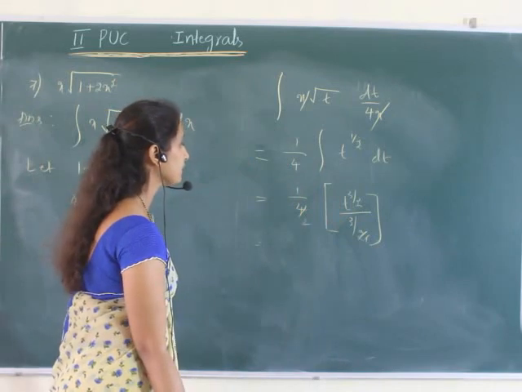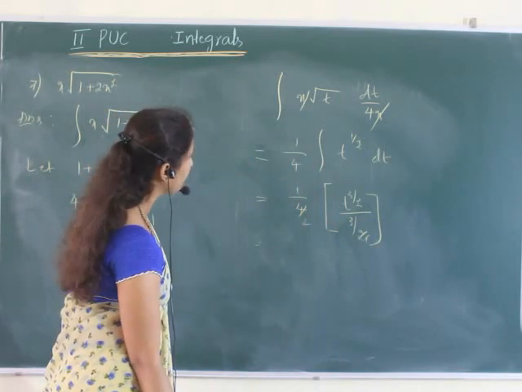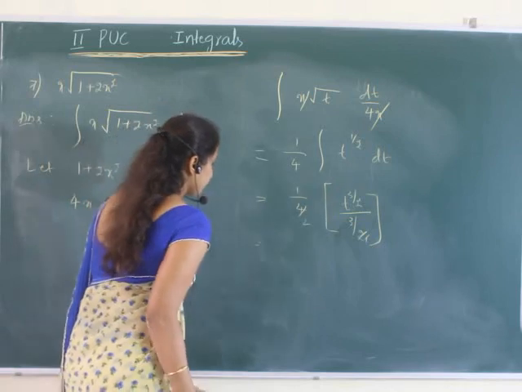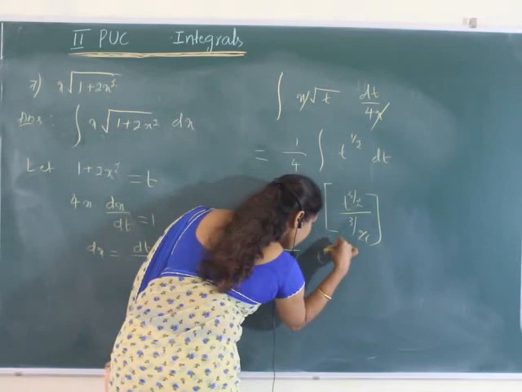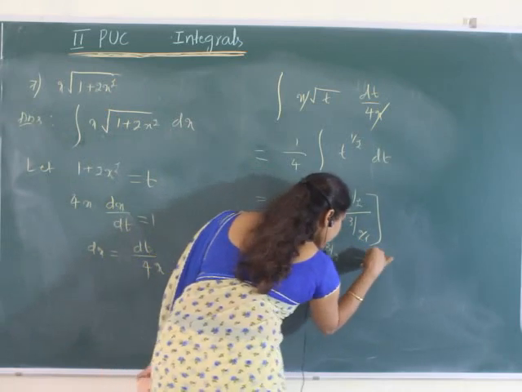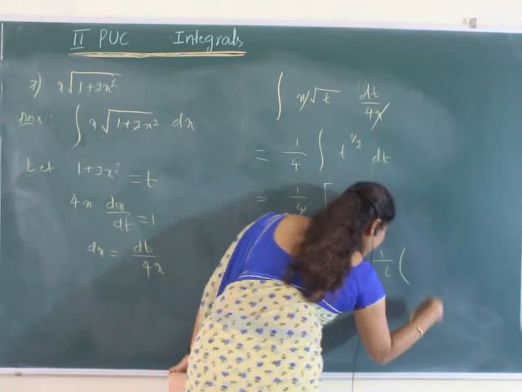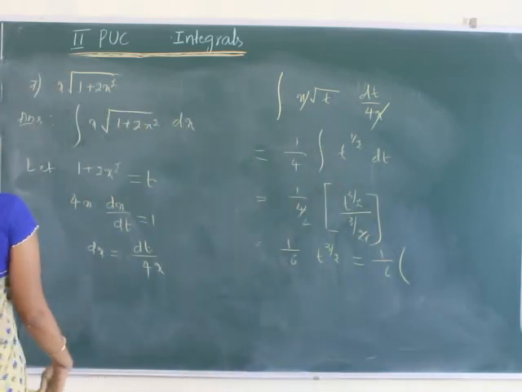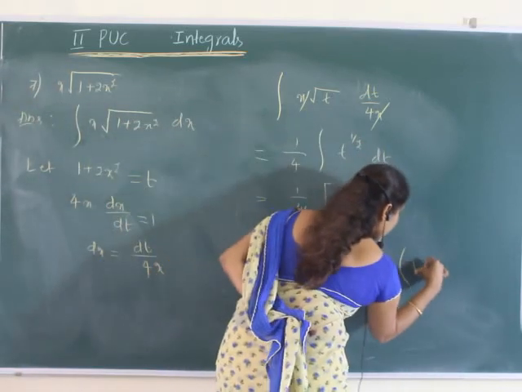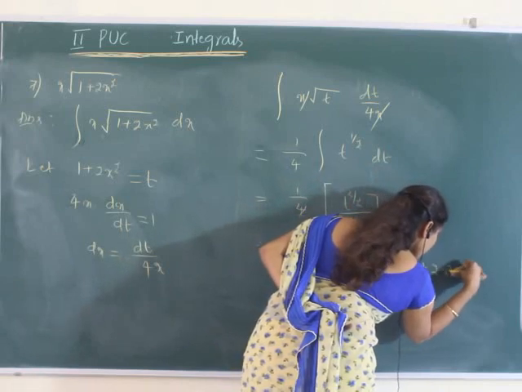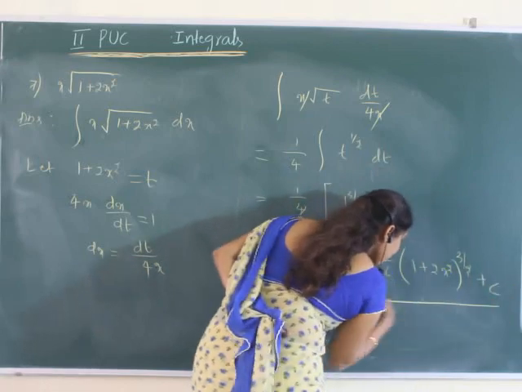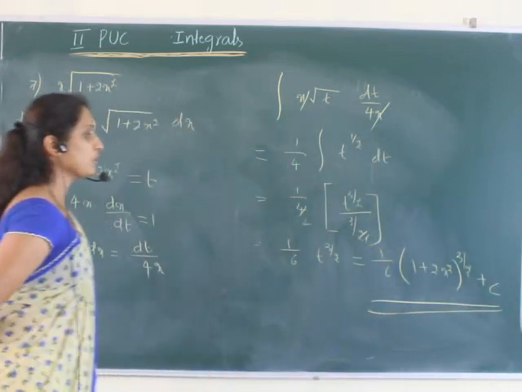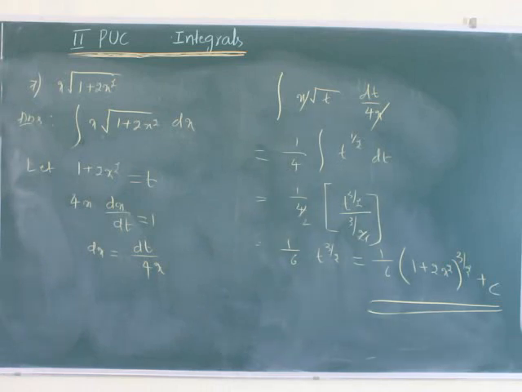So we get 1 by 6 into t to the power 3 by 2. This will be 1 by 6 into (1 plus 2x square) to the power 3 by 2 plus c. At last you write the constant c.